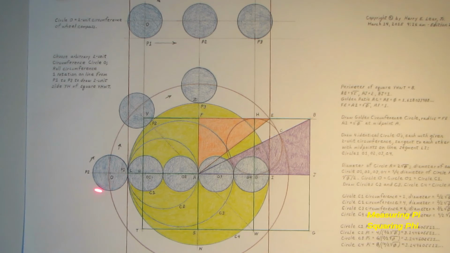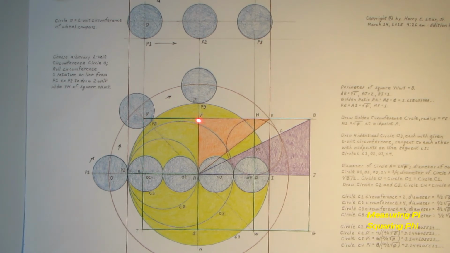So you could put this blue circle on the edge of the giant yellow circle, roll it one half a revolution, and it's 1. From here to here is 1. Complete the 1 revolution, and that's 2, just like we defined. That's 1/4 of the circle. You see that this is 1, that's 1. From P1 to P2 is 1, P2 to P3 is 1. 4 times that will equal the circumference, which is 8.